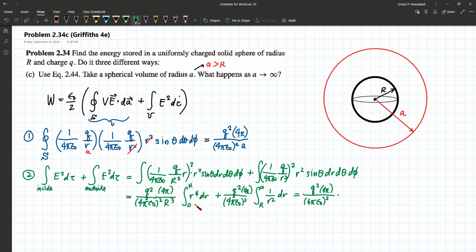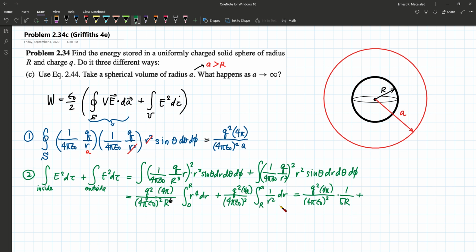Sorry, this should be r to the sixth. Sorry about that, because this is squared, so this should be r to the sixth. So this is r to the fifth over 5. So this becomes 1 over 5 r.